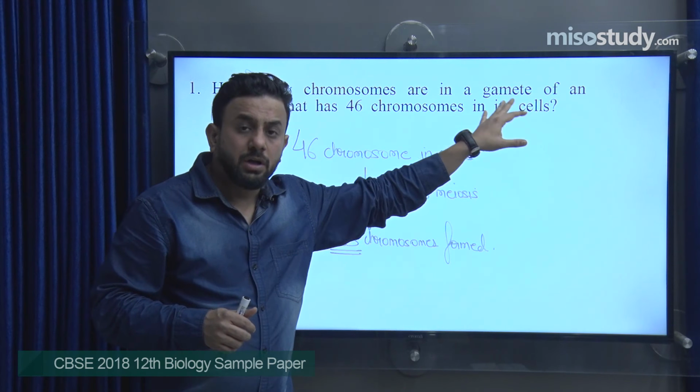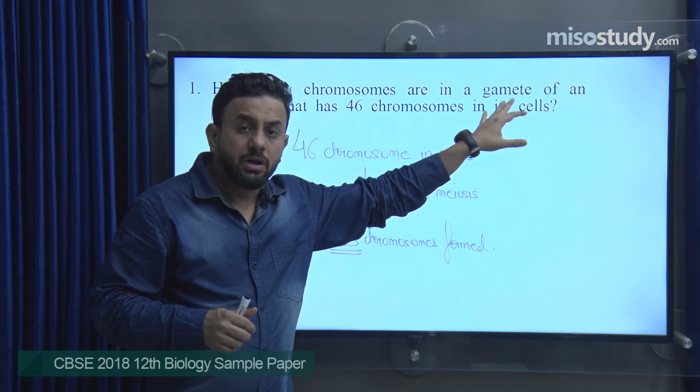Say for example, an organism has a body with 46 chromosomes. Now if that organism produces a new organism, that should also have 46 chromosomes. Sexual reproduction is taking place, so the male gamete and the female gamete are combining.